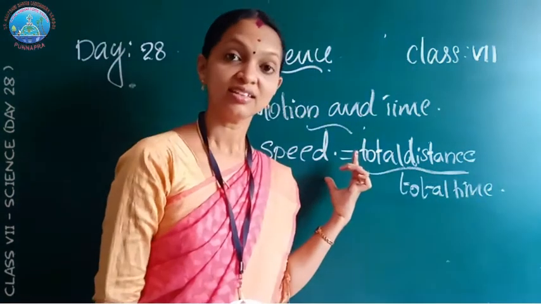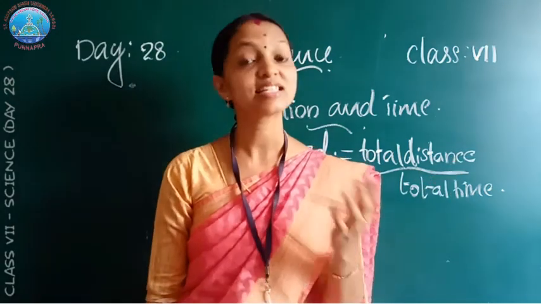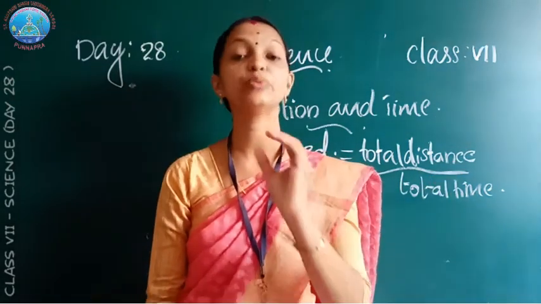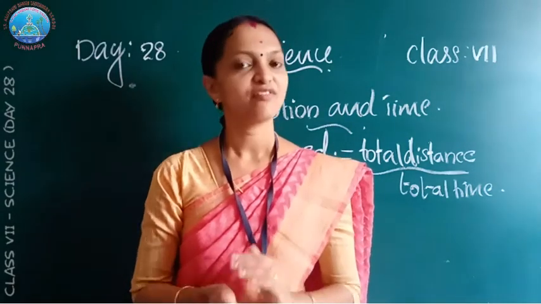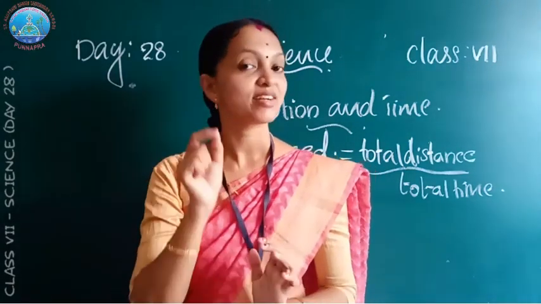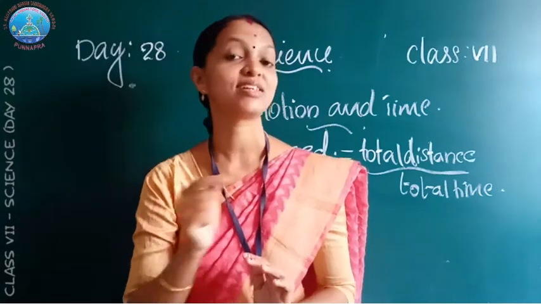The distance covered by an object in a unit of time is called speed. We can find speed with one equation: total distance divided by total time taken.